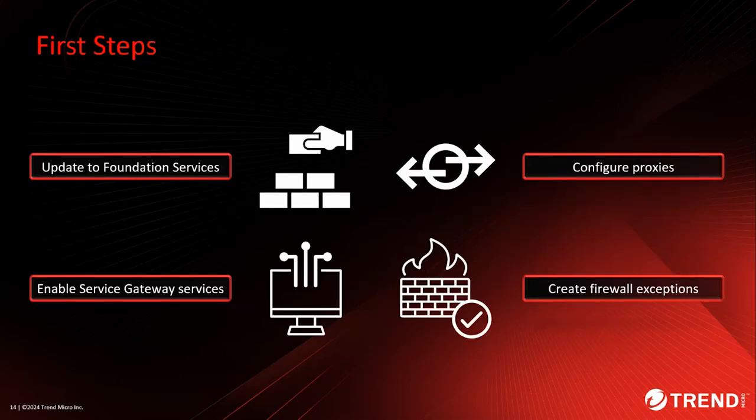So, what are the first steps for setting up Trend Vision One? For our existing Vision One customers, the first step is updating your system to the foundation services. If you're a recent customer, you'll likely already have this update.